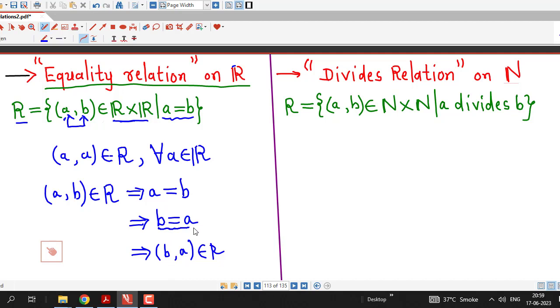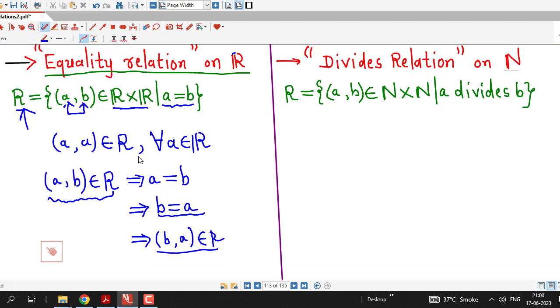So here B equals A, that is B is the first component and A is the second component. Therefore we have shown that whenever (A, B) is present in the given relation, then (B, A) is also present, therefore it is symmetric.